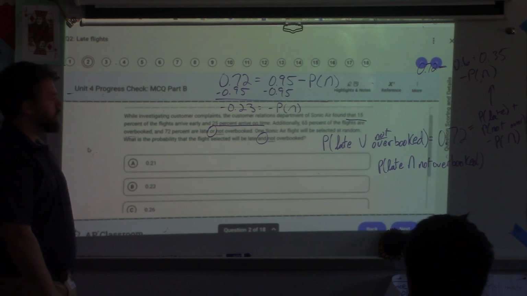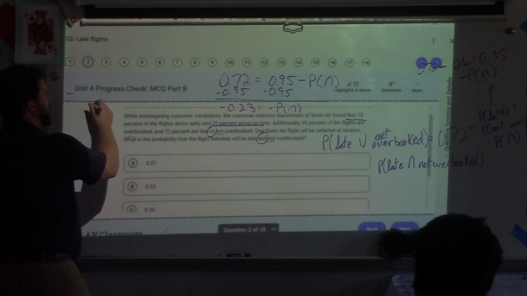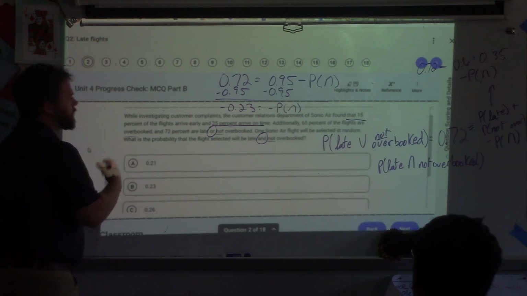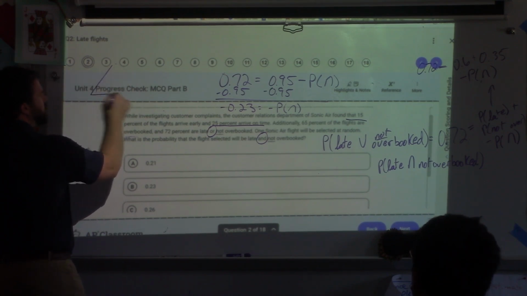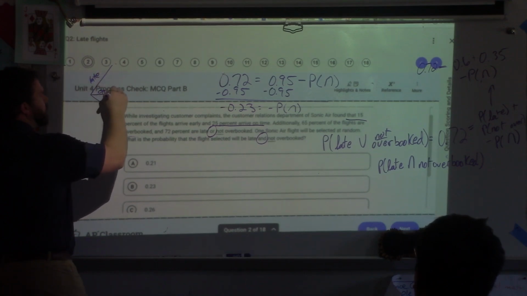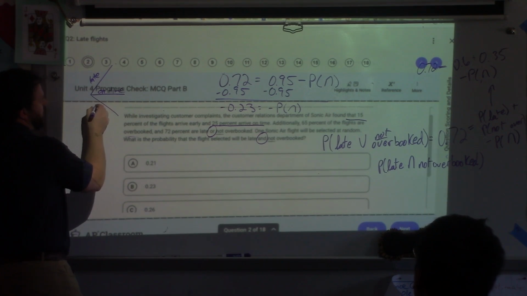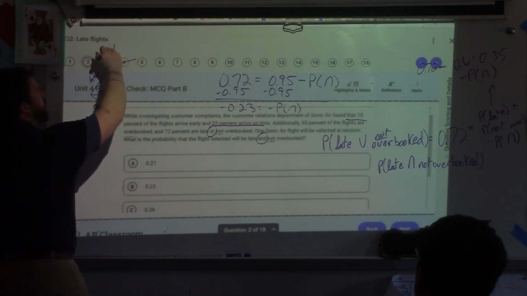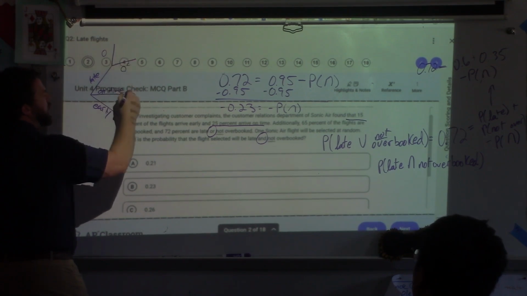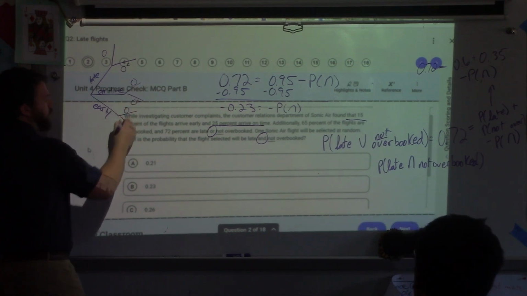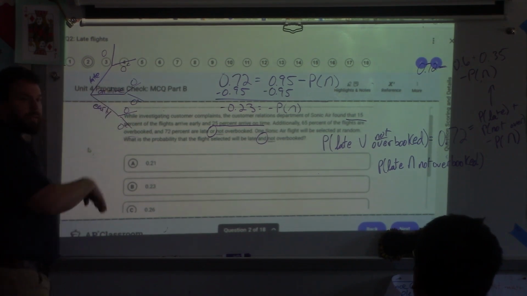Well, if you want to think about it like this, I wouldn't use it to actually do the problem, but you could think about it as late, on time, and early, and off of each of those we are looking at overbooked or not overbooked, at least to help you visualize it.